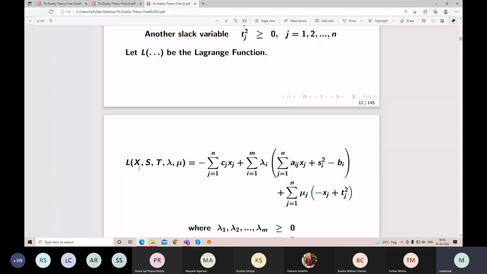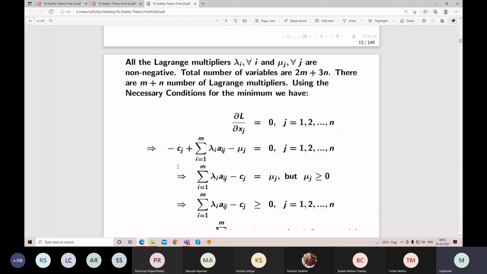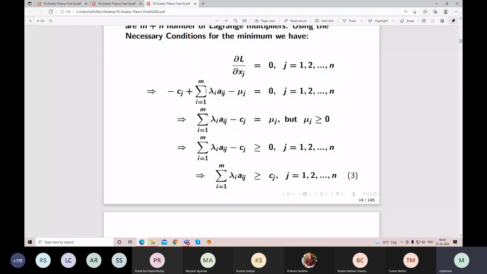x has n number of components, s has m components, t has n components, lambda has m components, mu has n components. Now if you take derivatives, you will have: minus cj plus summation over I varies from 1 to m of lambda I into aij minus mu j equal to 0.